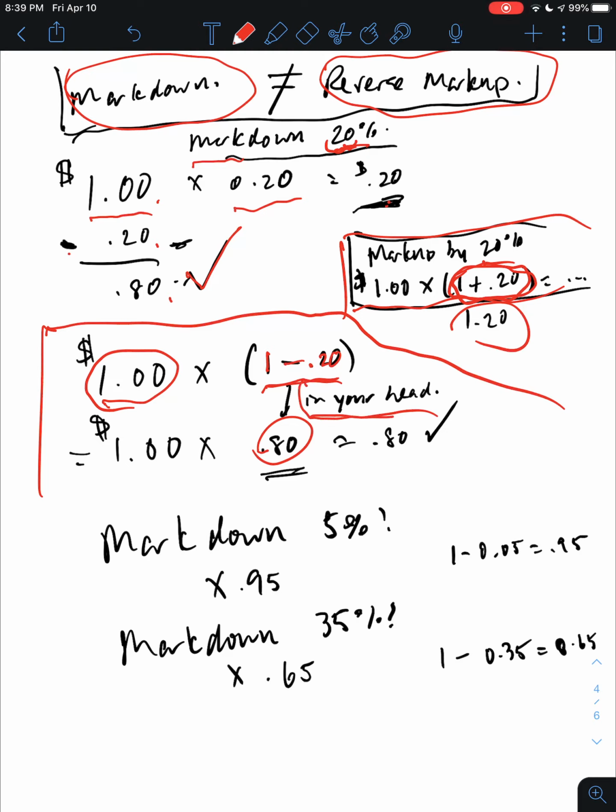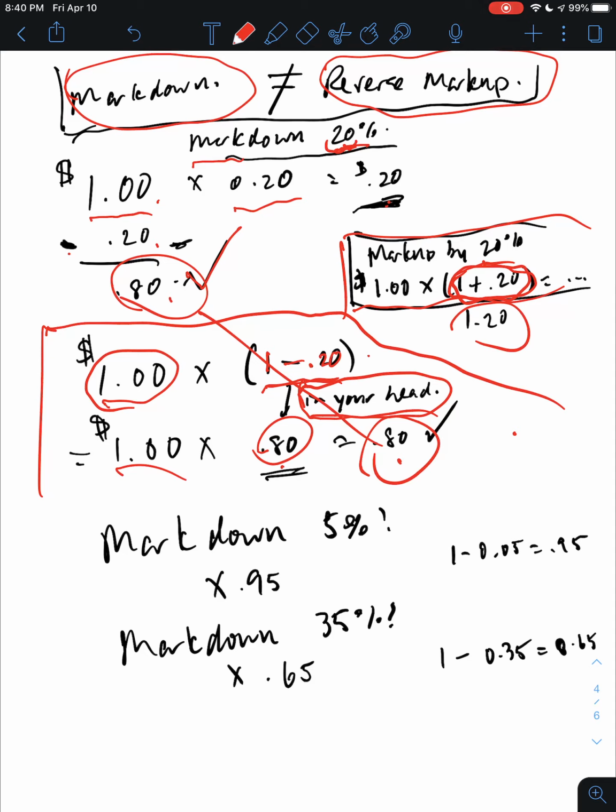But it's still an easier calculation than the two-step method, because you can do this simple 1 minus 20% is 80% in your head. And then I do this, $1 times 0.8 is 80 cents, and that compares correctly with that. So there's a one-step method for doing markdown, just as there's a one-step method for doing markup.